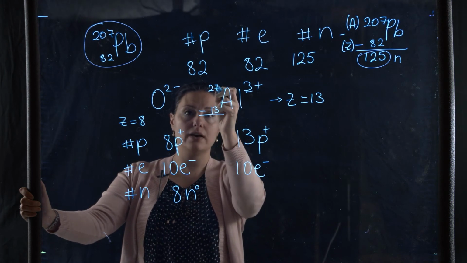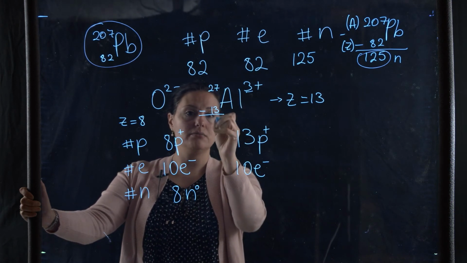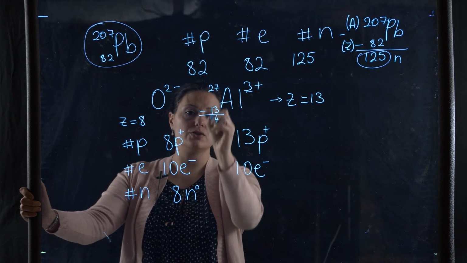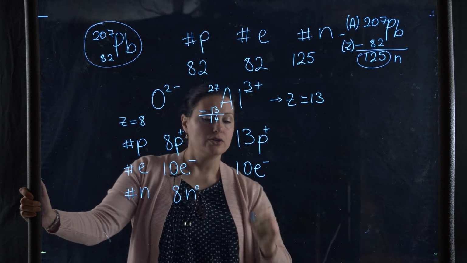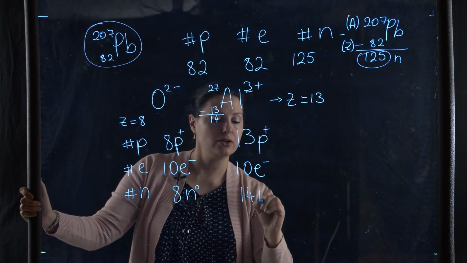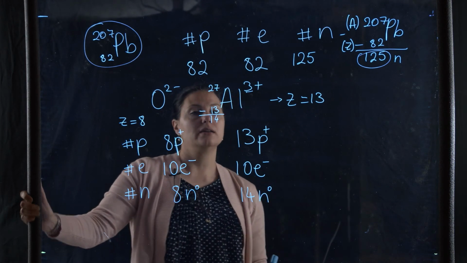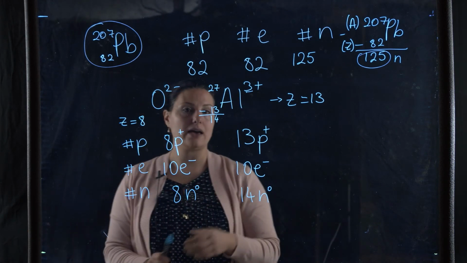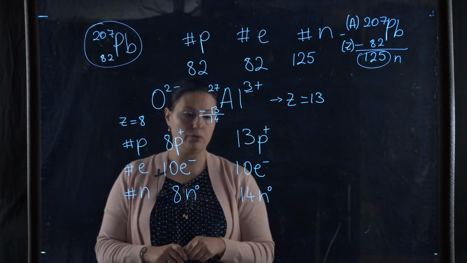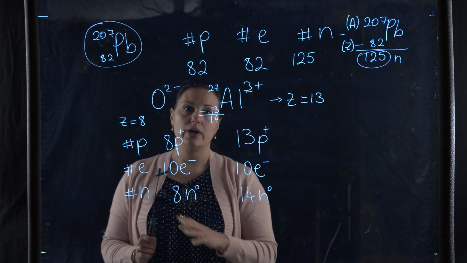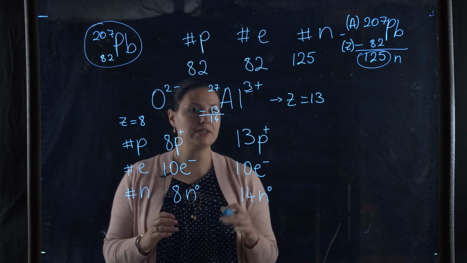This is Z and this is A. 7 minus 3 is 4, and 2 minus 1 is 1. So I have 14 neutrons in the atom or ion of aluminum. This is how you can work through these types of problems.